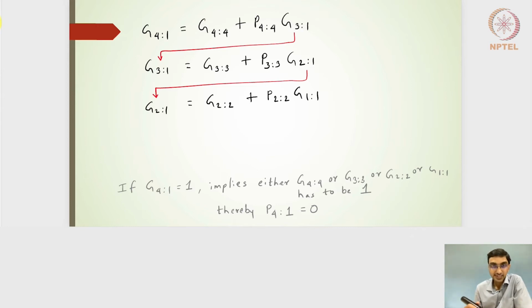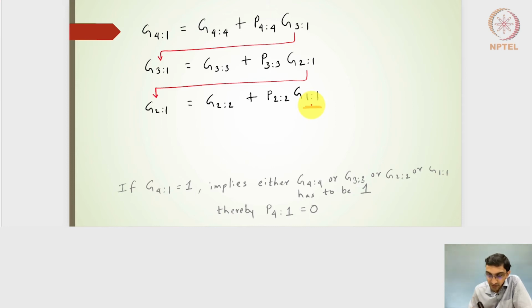So to visualize, right, let's try to rewrite this expression. I'm taking G4:1, right? If I want to express G4:1, it is nothing but G4:4 plus P4:4 and G3:1. G3:1 is generated from G2:1. G2:1 is generated from G2:2 or this one, right? It has to depend on G1:1, right?